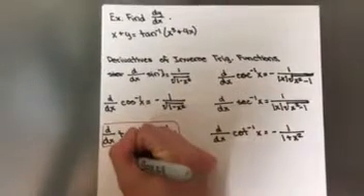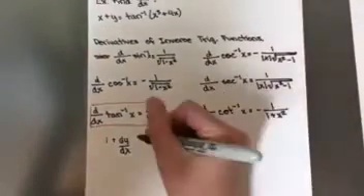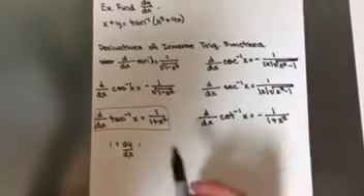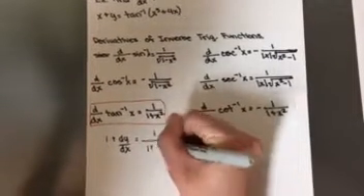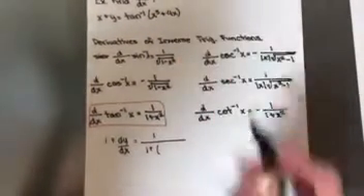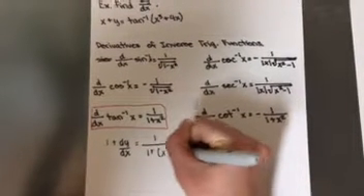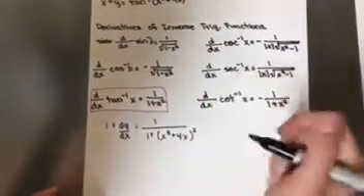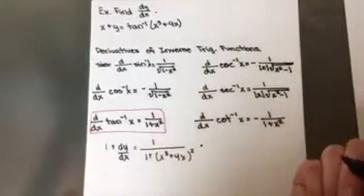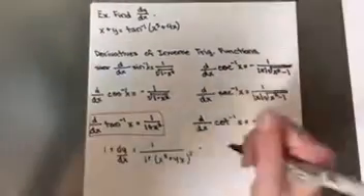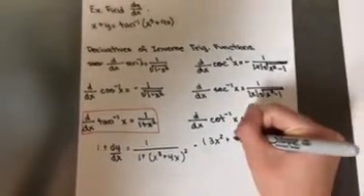So it's going to be 1 plus dy/dx, because you're taking it with respect to x, and that's going to equal 1 over 1 plus all of this right here in the problem squared, so (x cubed plus 4x) squared, and that's going to be multiplied by the derivative of the inside, which is the chain rule. So it's going to be multiplied by 3x squared plus 4.